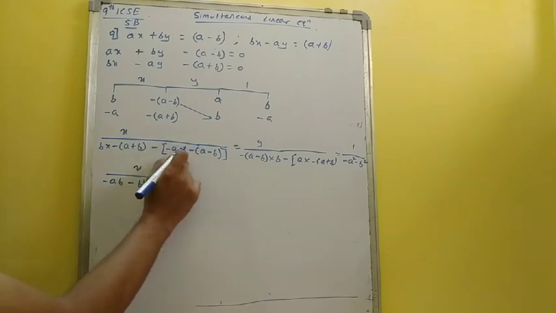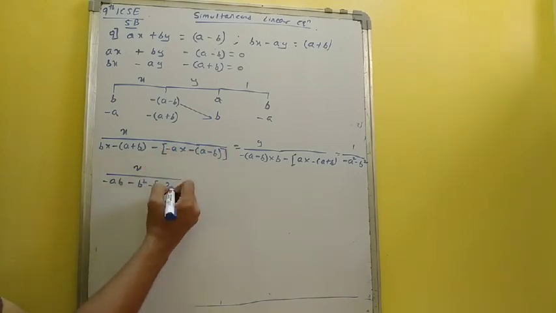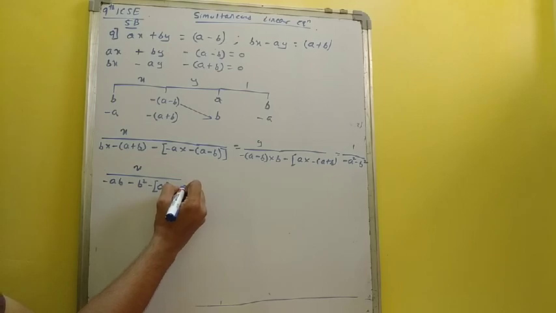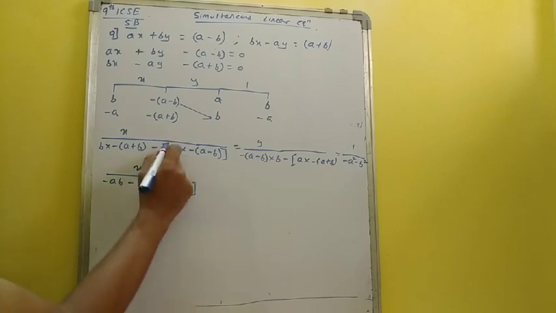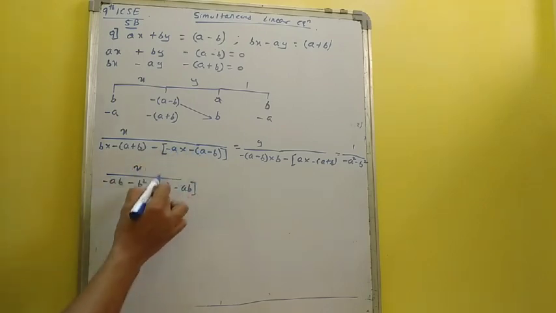Okay, so a multiplied by a, it is a square, a multiplied by b, it is ab. This minus becomes plus, so no need of multiplying the minus sign.